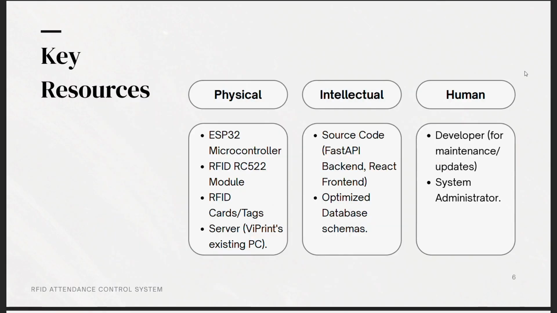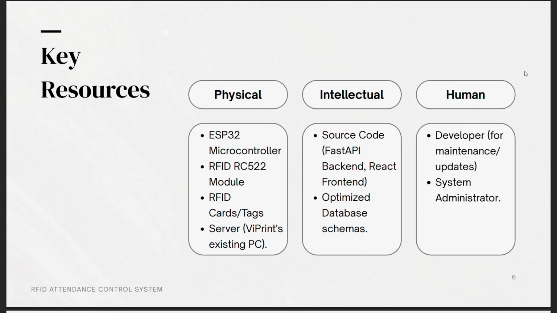For the key resources, we have three main types. For physical, we use an ESP32 microcontroller, an RFID RC522 module, RFID cards, and the server which is working at the company Viprint.